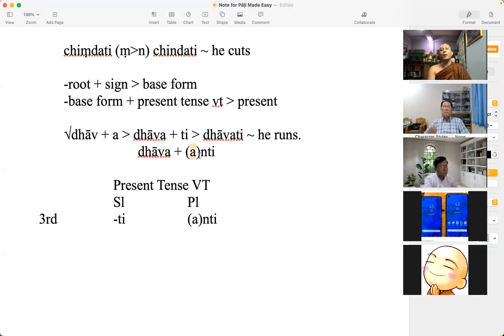So at that time, in Pali, even in a single word, we don't use two vowels continuously. So when two vowels meet together like this, one of them will be dropped. So now this R will be dropped. So that is why we have Dawandi. So this R is dropped.